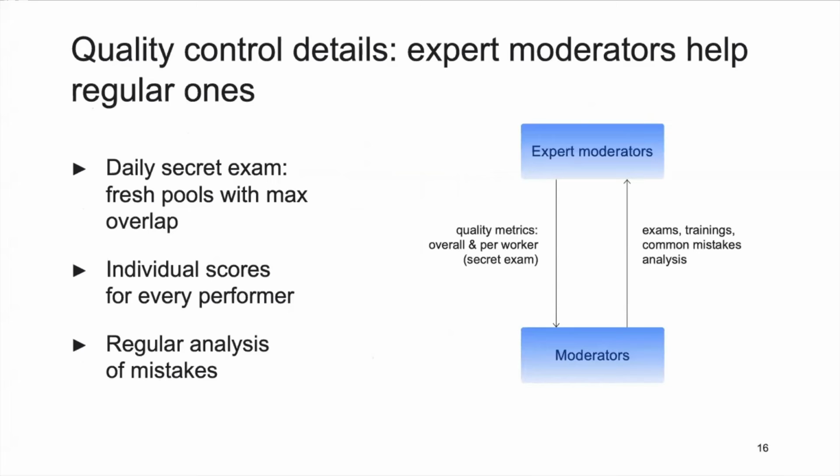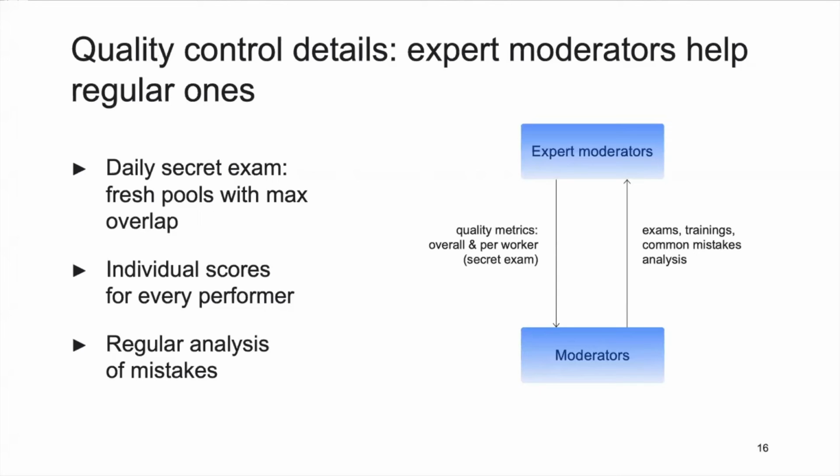So we found a cheat, and we did something different. It's like our know-how. Every day, from a random number of publications of the content, we create a small pool with a really high overlap, and we call it the daily secret exam.